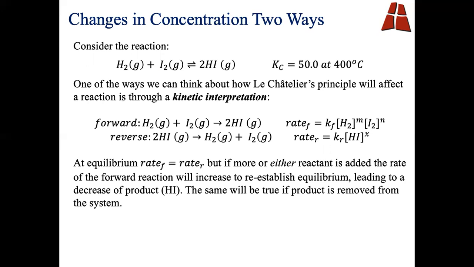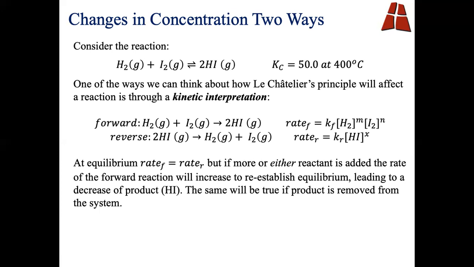However, if we add more reactant, then the rate of our forward reaction would increase. We know this because the rate of this reaction is dependent on the concentration of our reactants, right? And so as the rate of this reaction increases, that will reestablish the equilibrium.